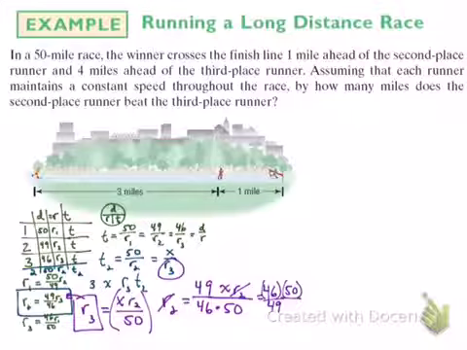If I divide by 49, I get rid of that, multiply by 46, I get rid of that, and then divide by 50, I get rid of that, and I'm just left with X. So all of this just equals X. And when I multiply that out, I get 46.94.